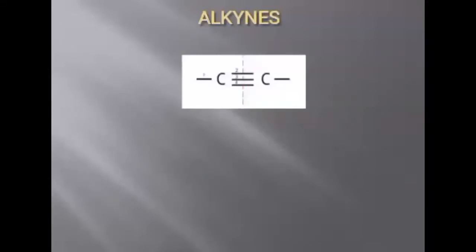Let's look at alkynes. Alkynes has a functional group of carbon to carbon triple bond. They are almost of the same nature, because in the first one we have a single bond, the second one we have a double bond, and in this case, we have a triple bond.